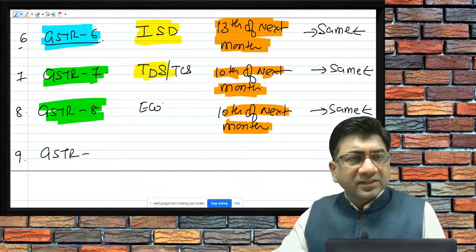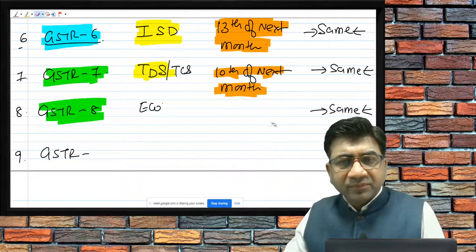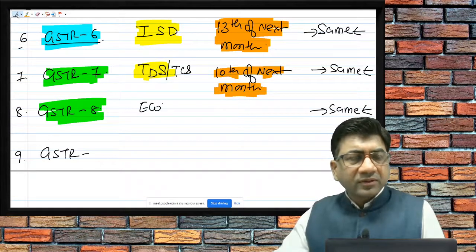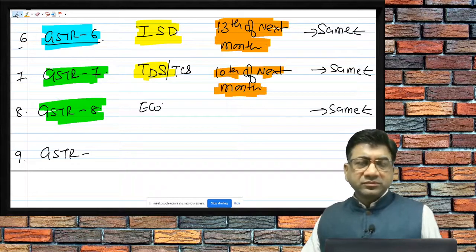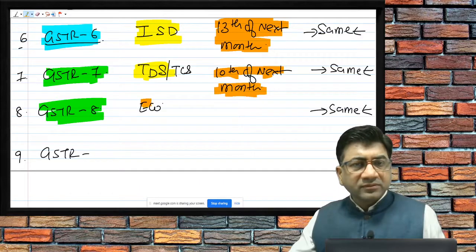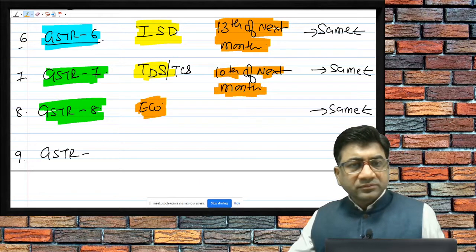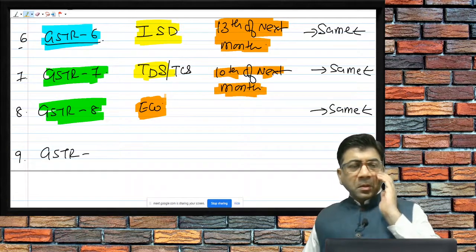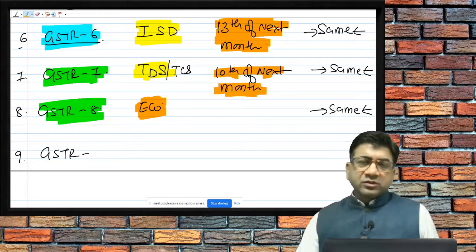And what is the date? Look at the date of ECO. Look at the rules and look at the section. You'll get it. Find out in the rules what the time limit is.